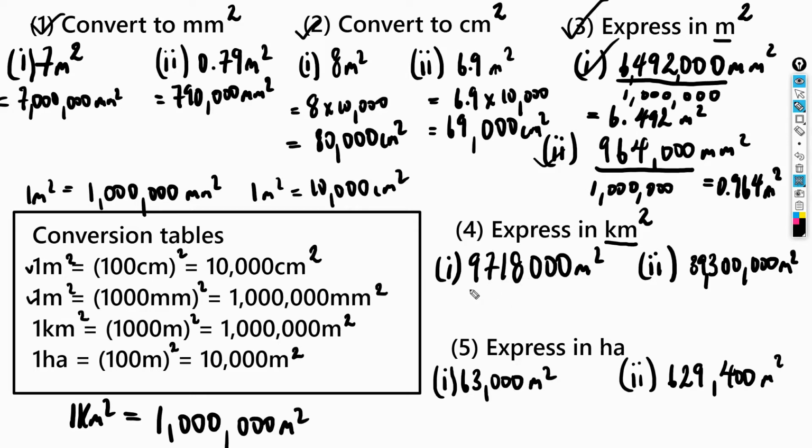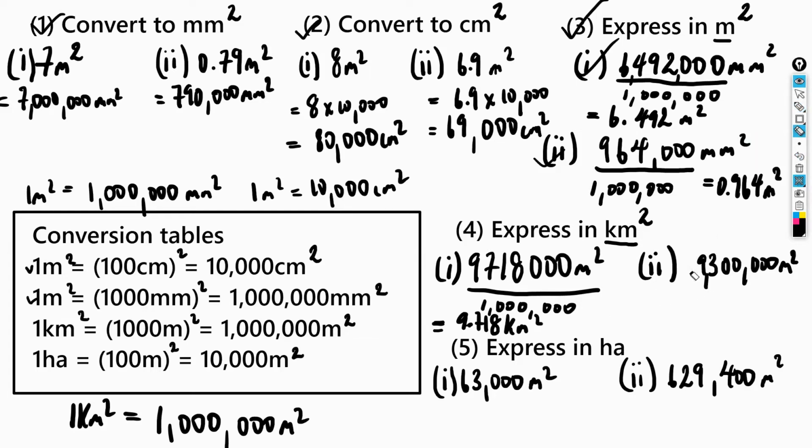So to find the answer for this, all we have to do is divide it by 1 million, okay, to get it in kilometers squared. All right, guys, so we're going to divide this 9,718,000 by a million, and we should get 9.718 kilometers squared. So that should be the answer, okay?